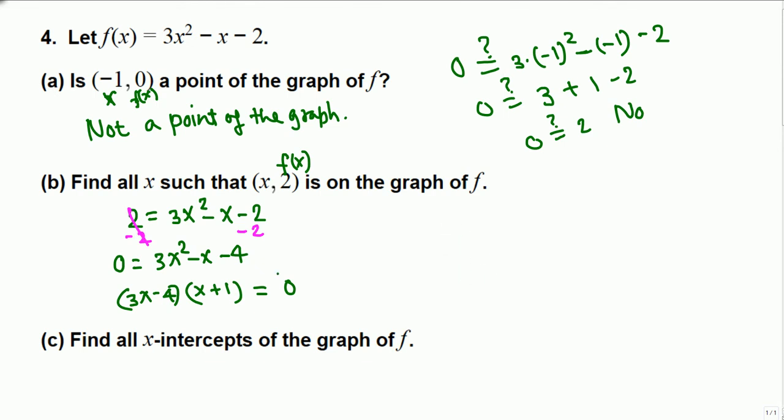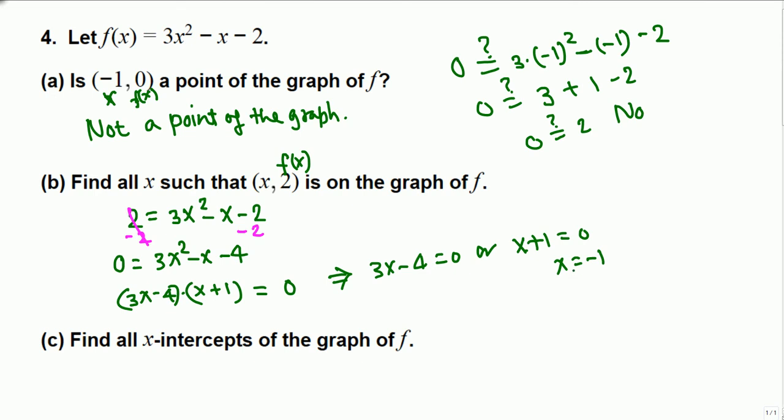Okay, so once we factor, then either this factor equals 0 or this factor equals 0. 3x minus 4 equals 0, or x plus 1 equals 0. Solve for x. In this case, x plus 1 is 0. Subtract 1 from both sides, we get x equals -1.